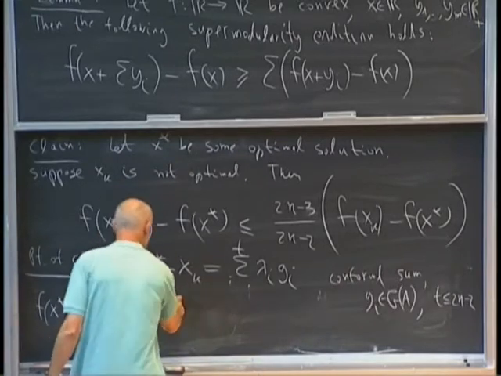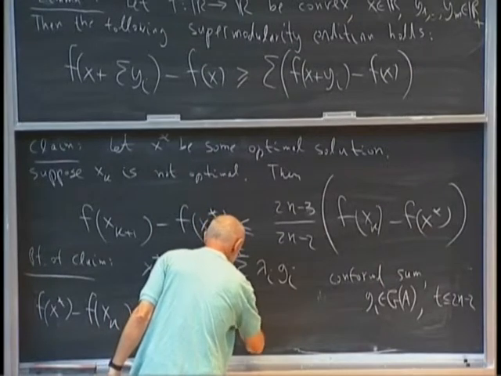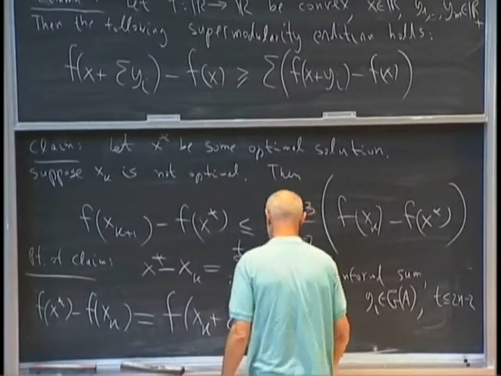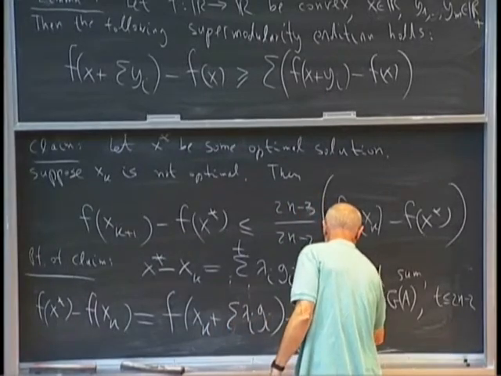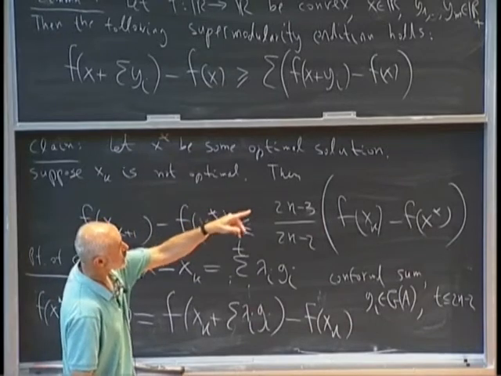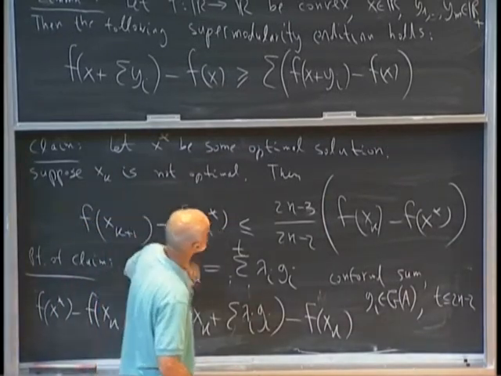And this is now f of x_k plus sigma lambda_i g_i minus f of x_k. And now I apply the supermodularity lemma.